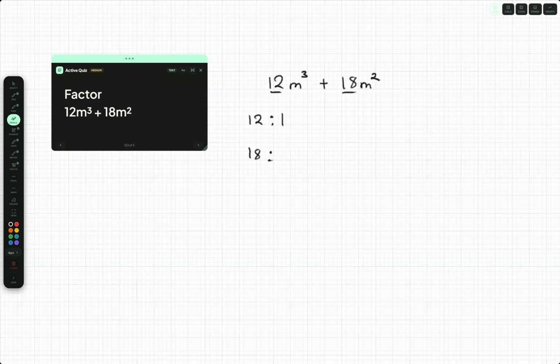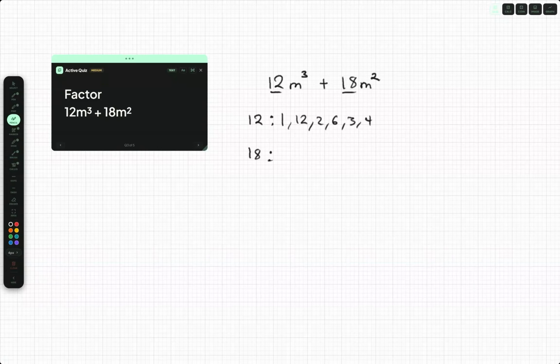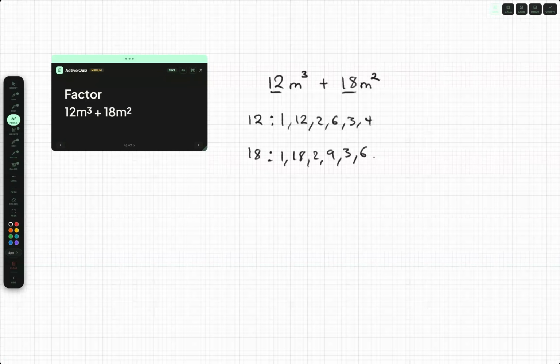So what's our values here? Well, we have 1 times 12, 2 times 6, 3 times 4. We have 18, 1 times 18, 2 times 9, 3 times 6, and so on. So now let's look at what the highest common factor between them is, and it's going to be 6.